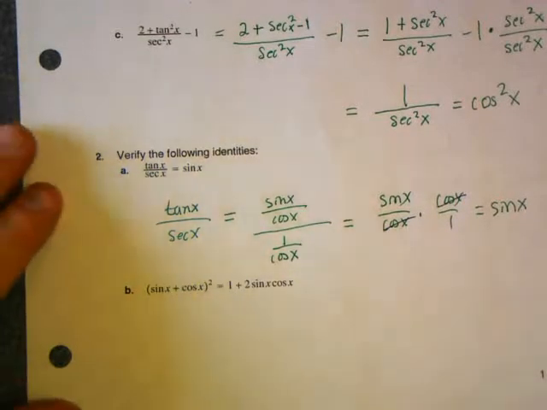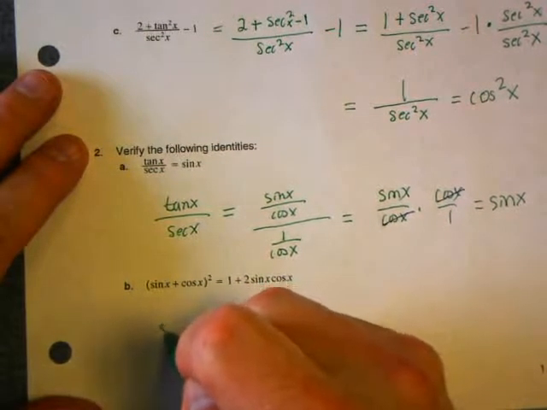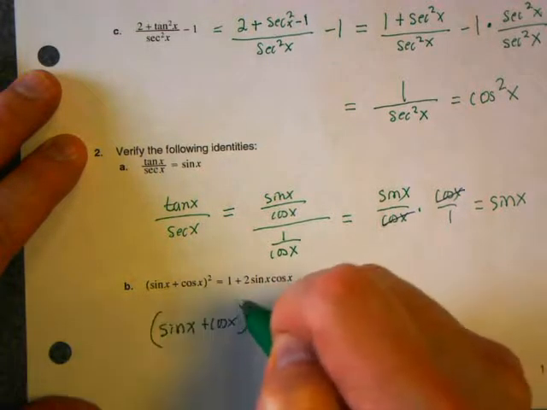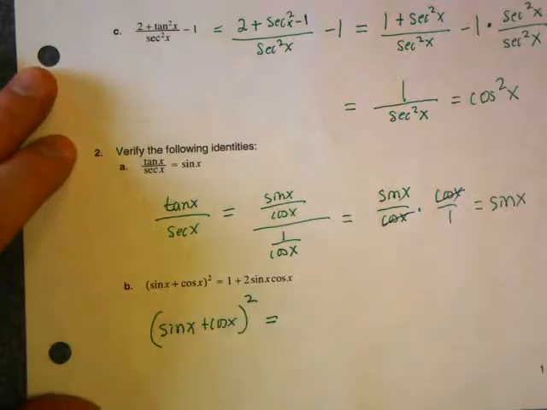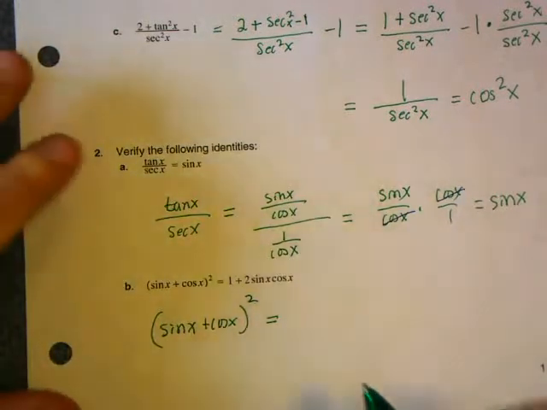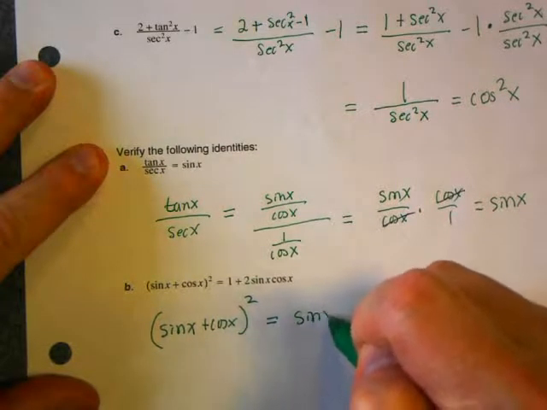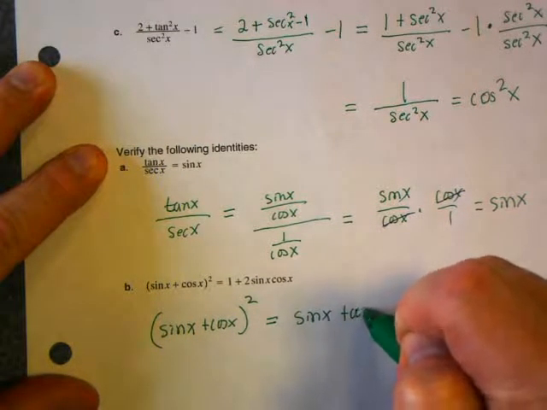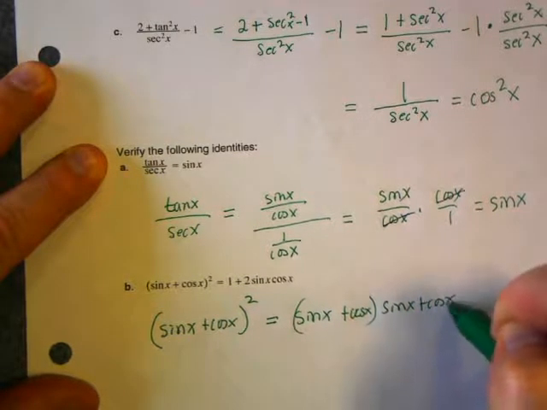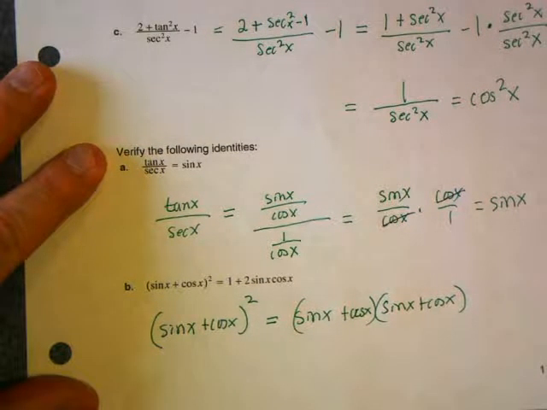All right. How about b? Sine x plus cosine x squared. What can you do with that? Distribute. Okay. So you're saying write it as sine x plus cosine x times sine x plus cosine x, and then distribute it out and get what you get?